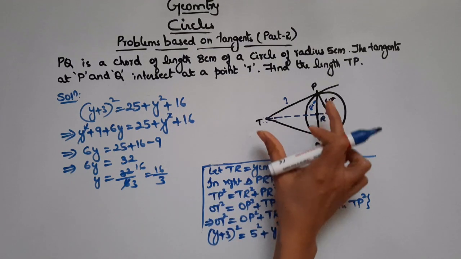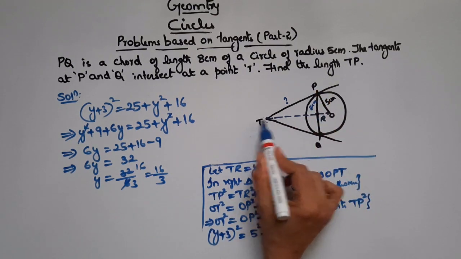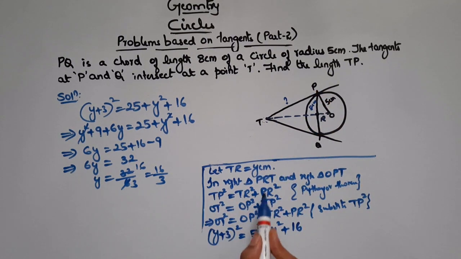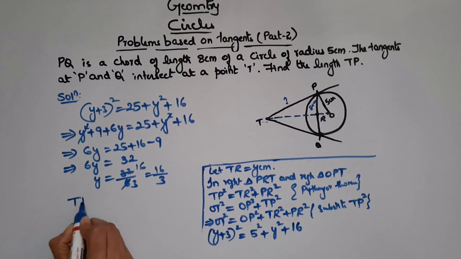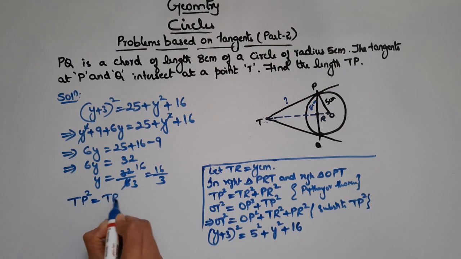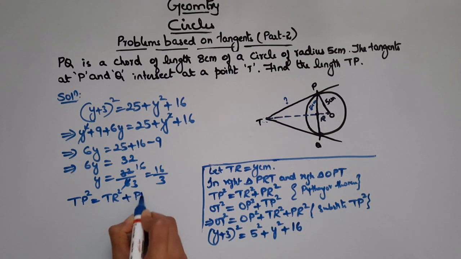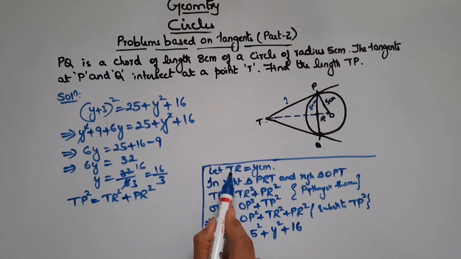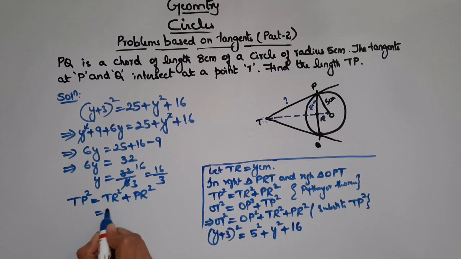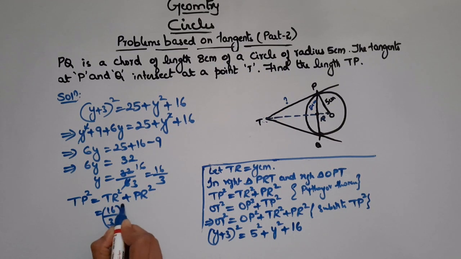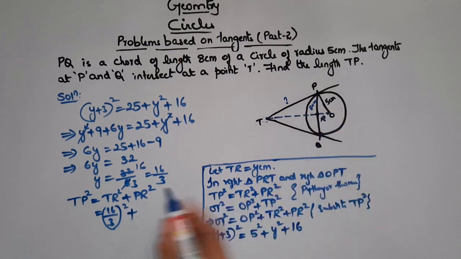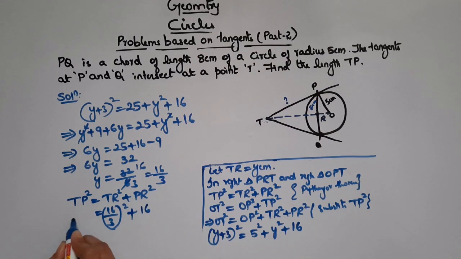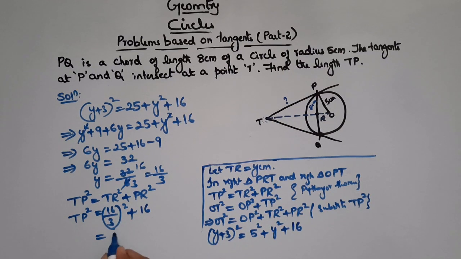But our aim is to find TP, not Y. Y is TR. Let's substitute this Y in this equation. TP square is equal to TR square plus PR square, right? Here Y is nothing but TR. So TR is 16 by 3 the whole square plus PR, which is 4, and 4 4s are 16. So TP square is equal to 16 square, 256, by 3 square, which is 9, plus 16.